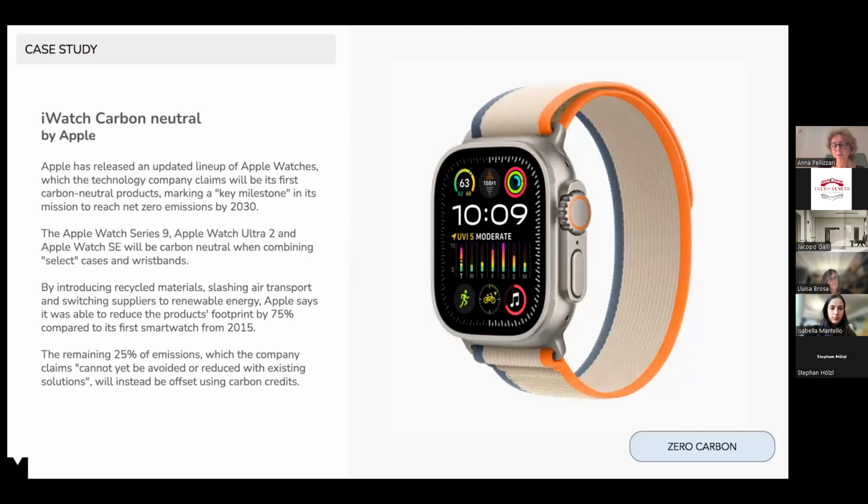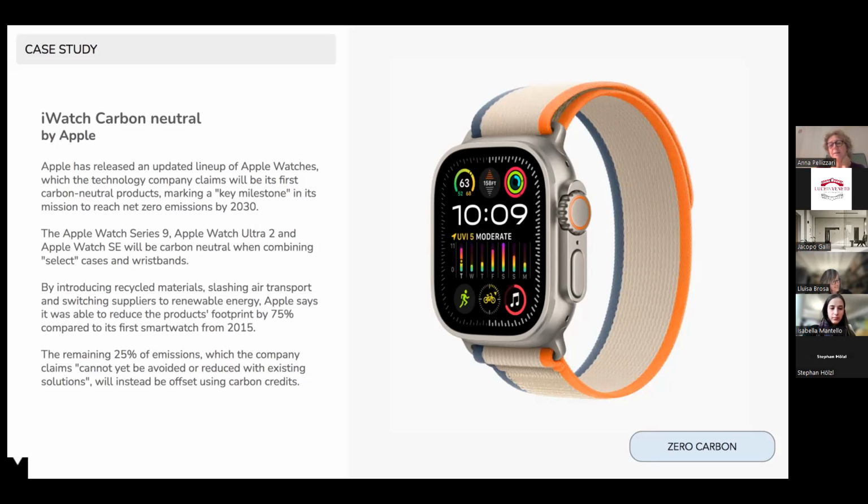Another approach is that of carbon neutrality, which this is just an example of the last release of the Apple Watch, which is claimed to be carbon neutral. Again, in this case, a lot of compensation has been done. They say 25% of emissions. That sounds just too few to be true, but anyway.